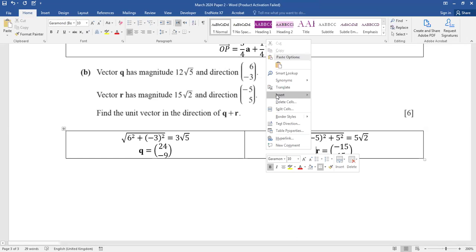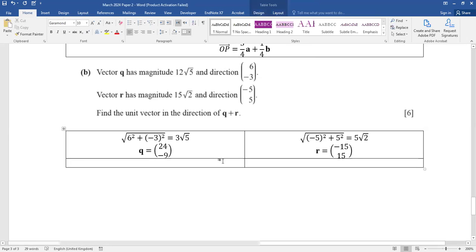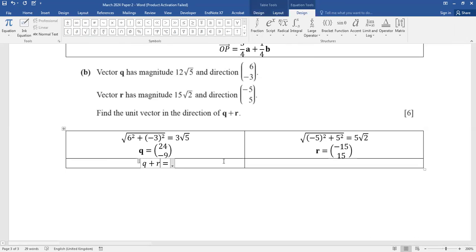Now I can find the unit vector in the direction of q plus r. So q plus r, vector q is this.